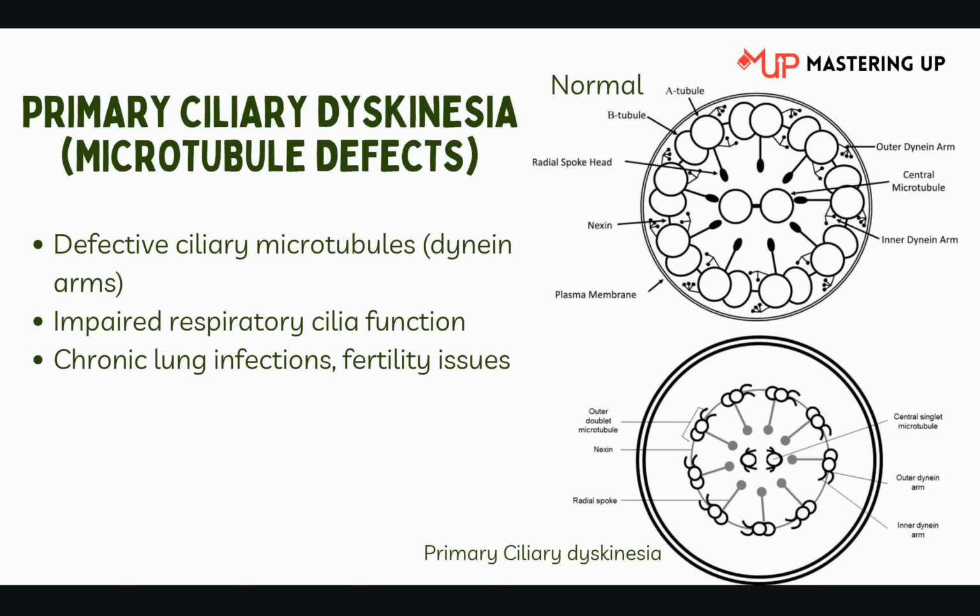In PCD, the cilia fail to beat properly, leading to chronic respiratory infections, sinusitis, and reduced fertility. In some conditions, organ positioning in the body can also be affected, a condition called situs inversus.